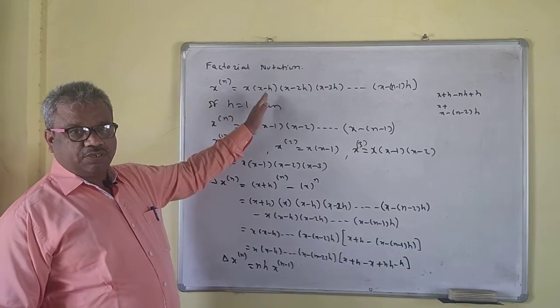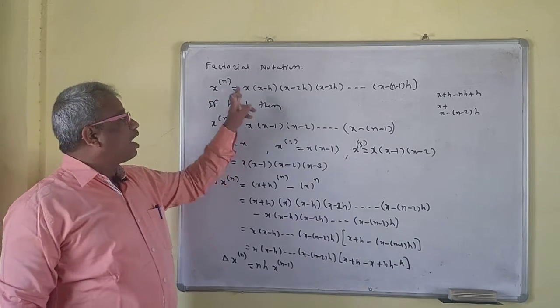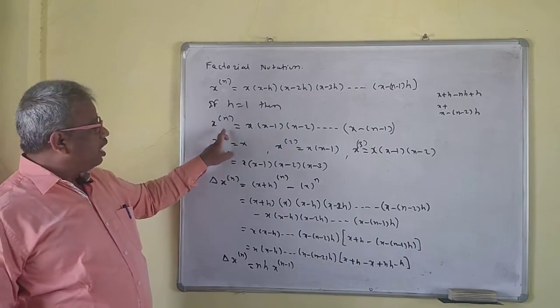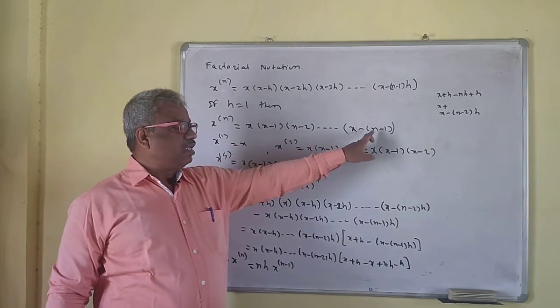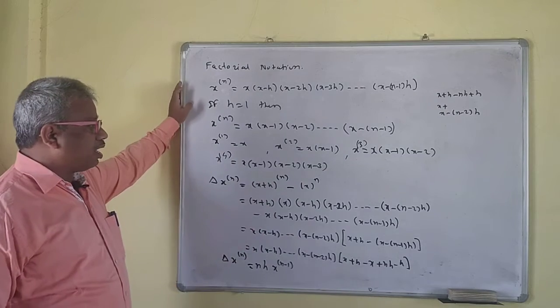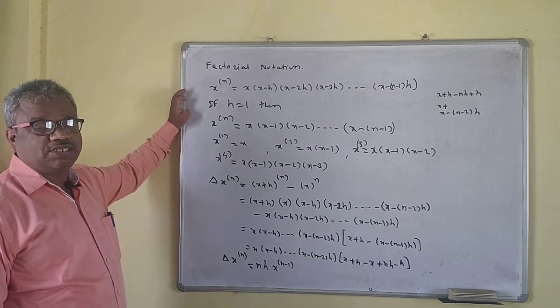Now reduce h. If h is equal to 1, then the factorial notation x to the power n is x(x minus 1)(x minus 2) up to (x minus (n minus 1)), because we are putting h equal to 1.